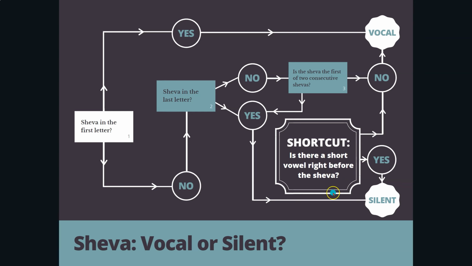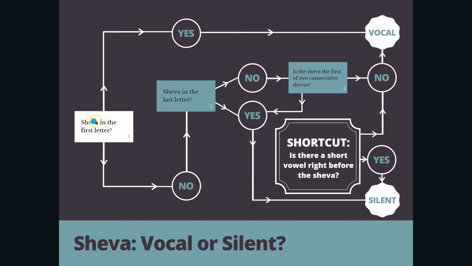You can remember one rule to cover about 95% of situations, or you can learn 3 or 4 rules that will cover 99% of situations. So I suggest that you focus on the shortcut rule to get the most bang for your buck, and then you can fill out your understanding of the Sheva with the other rules.